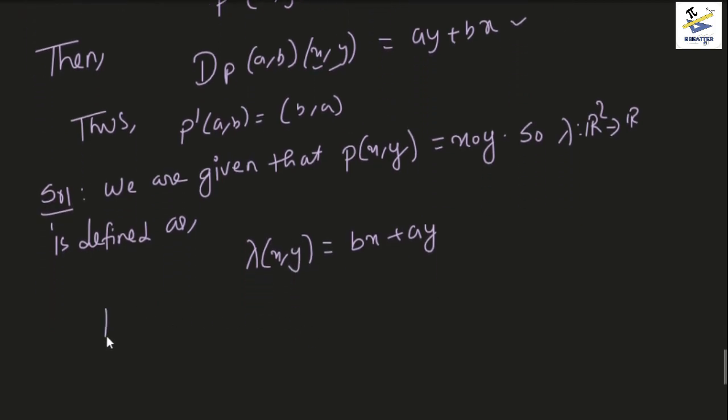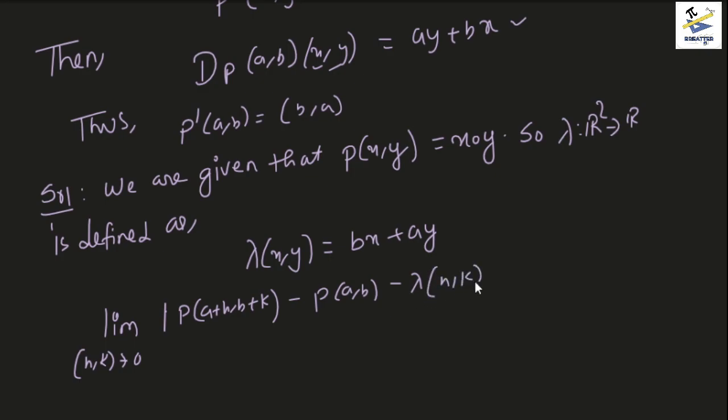So the limit as (h, k) goes to 0 of the modulus of P of (a plus h, b plus k) minus P of (a, b) minus lambda of (h, k), and this should be equal to 0, or we need to prove it.